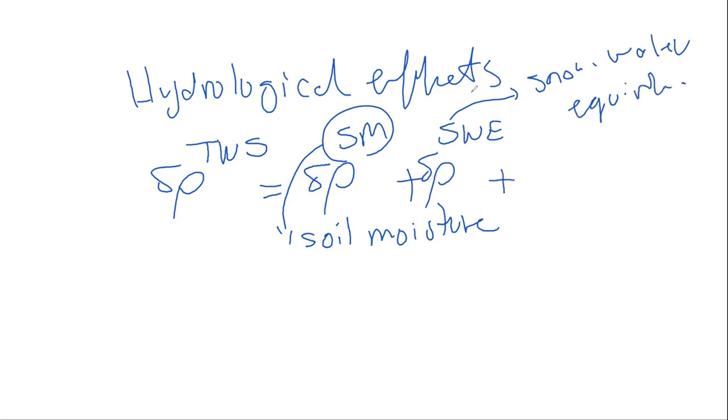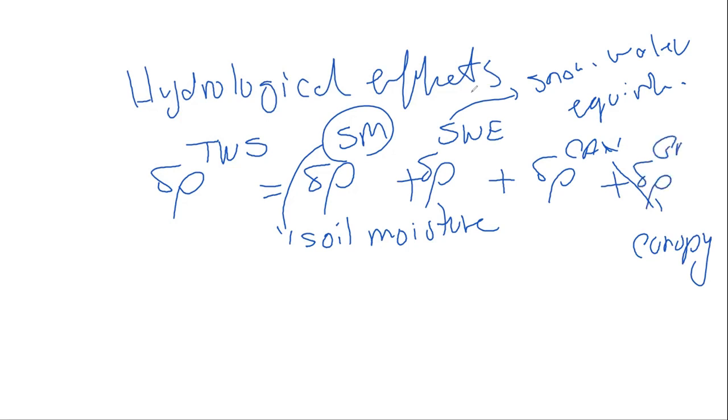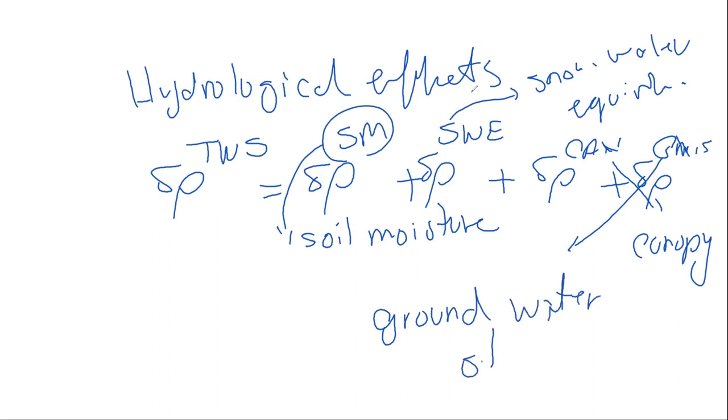This density change is due to snow melting. And delta rho canopy stands for canopy of trees, plus delta rho GWS, which is groundwater storage.